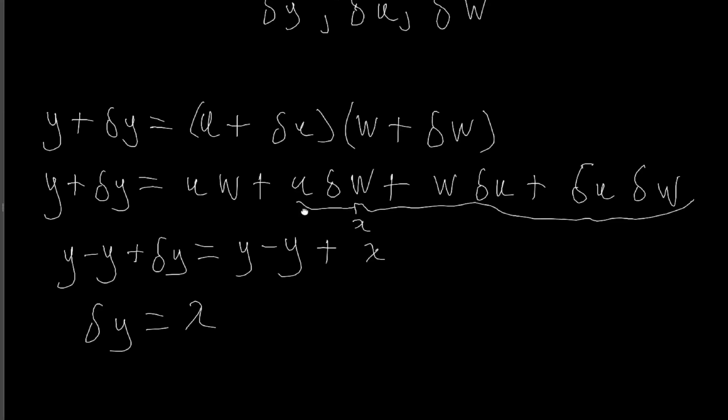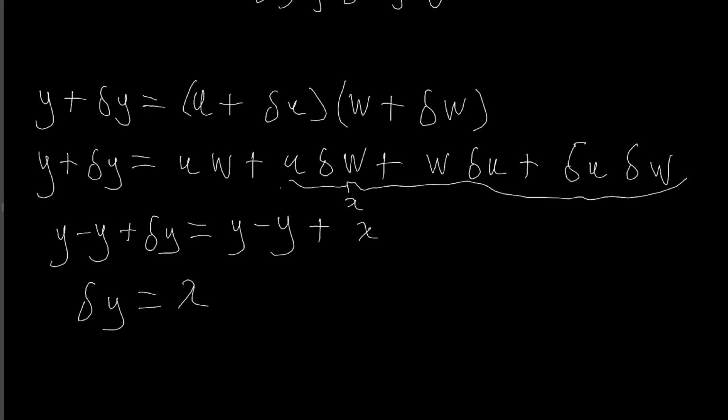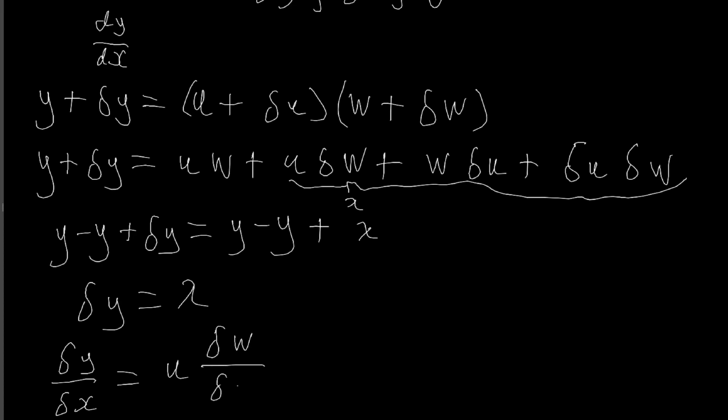Now, from this point forward, we want our derivative notation, which of course is dy divided by dx. So what we're going to do here is divide both sides of this equation by delta x. So delta y divided by delta x is going to be equal to, and now I actually have to write this out, u multiplied by delta w over delta x, and I'm sure you can see where this is going.